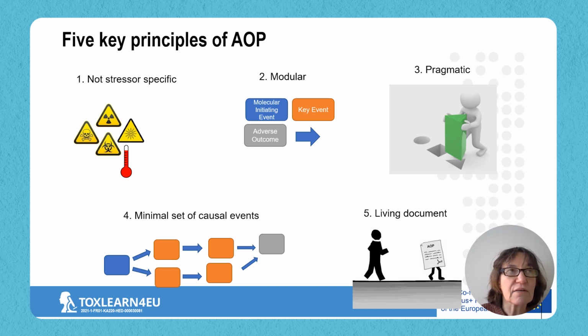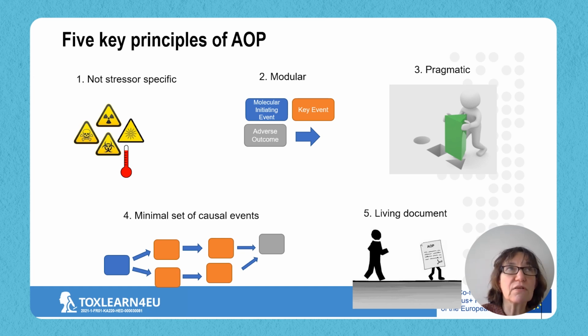On the other hand, adverse outcome pathways are also pragmatic. They don't look at all the different small molecules, switches, changes in proteins, and so on. They take the bigger, pragmatic molecular initiating events and key events to build as building blocks. And finally, they're living documents.